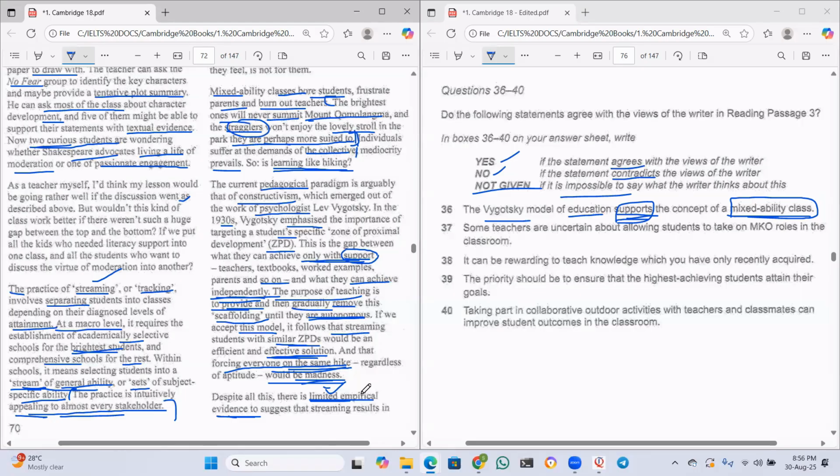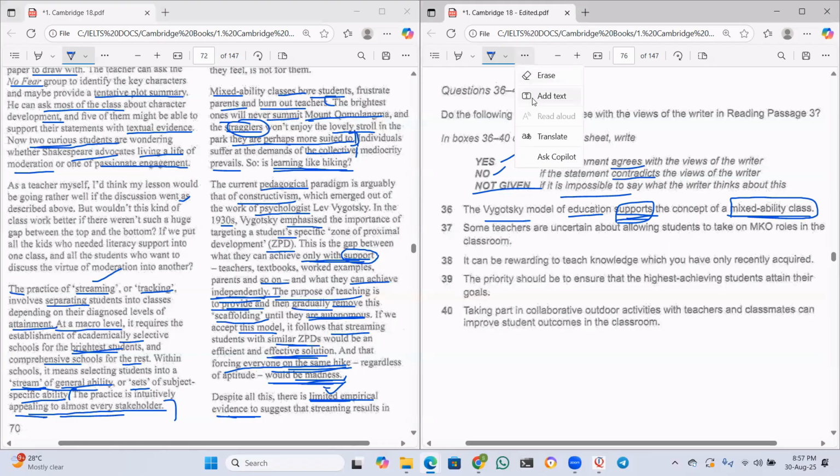So mixed ability classes are different from Vygotsky's emphasis. He's asking that students should be given support till they become independent. But here it is like hiking, because you have students with different abilities trying to go on the same hike, which would be madness. Regardless of aptitude, would be madness. So he is not supporting it; it is actually the opposite if you read this. So I think this should be no.